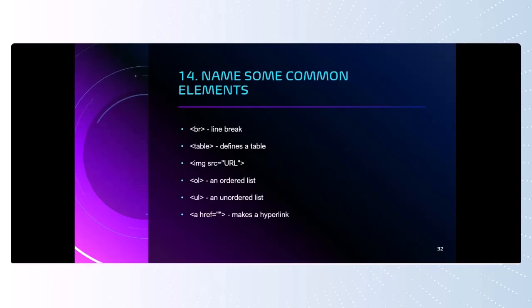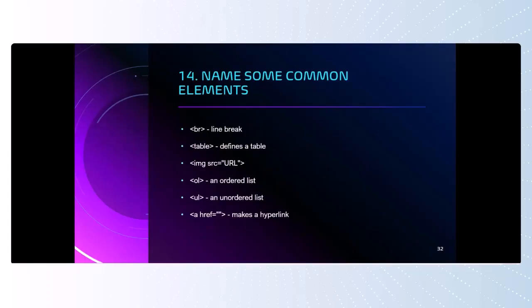BR is line break. Table defines a table. Image is for an image, and you include the source code for the location of the image inside that. OL is ordered list. UL is unordered list. A with an href and then a link.